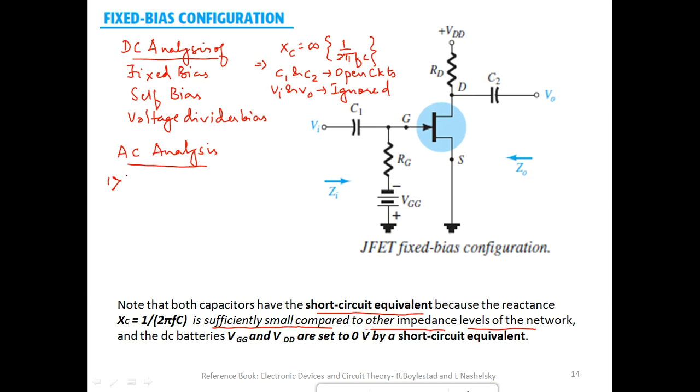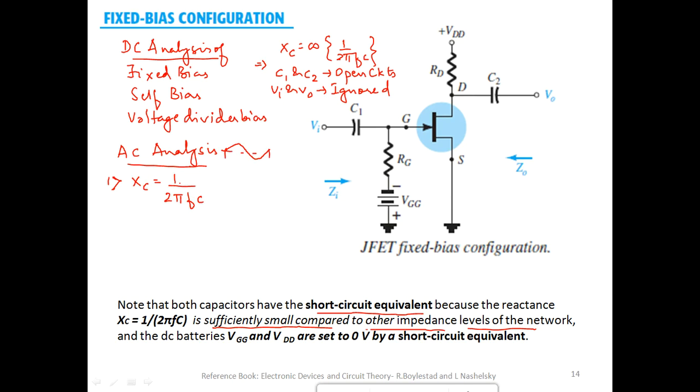So what does it state? Again, if you go through the expression, Xc equal to 1 upon 2 pi Fc. For AC analysis, in the sense the signal is continuously varying with respect to time, obviously the frequency is not 0 here, it is a large value.